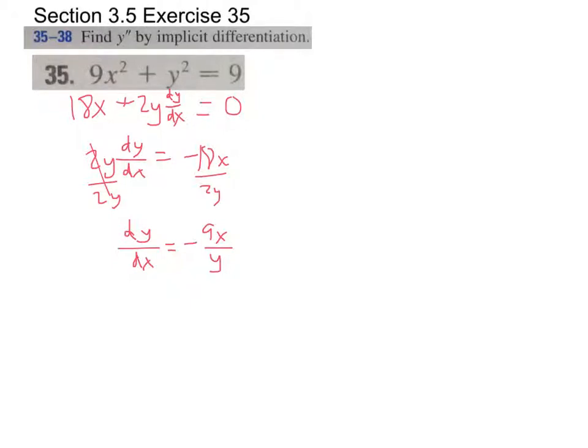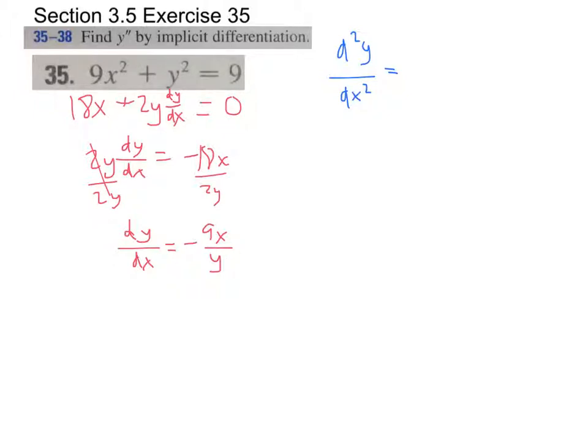Now we go about finding our second derivative. The derivative of the left side with respect to x, d squared y dx squared. And now on the right side we have a quotient. So we need to use our quotient rule.